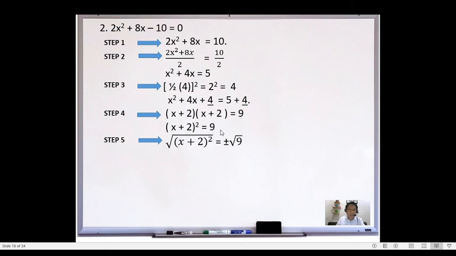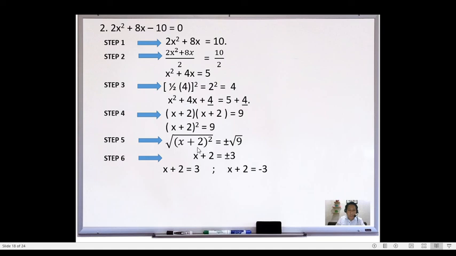That is, the square root of x plus 2 squared is equal to positive and negative the square root of 9. For step number 6, we can simplify this one. That is, x plus 2 is equal to positive and negative 3. The square root of 9 is equal to 3.